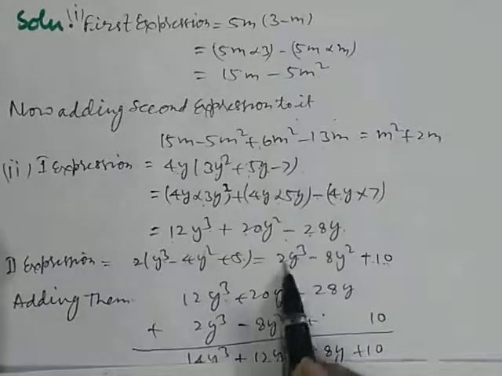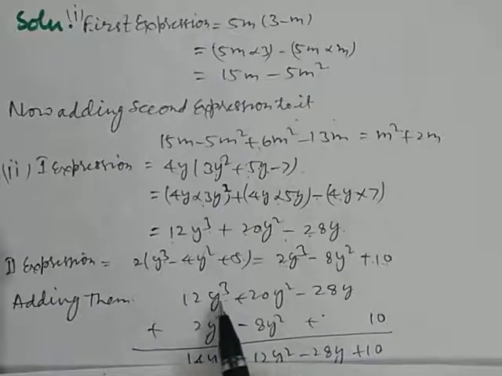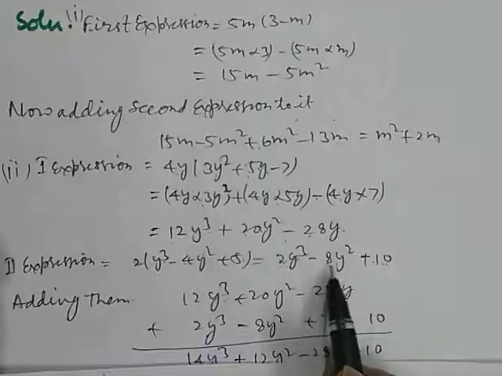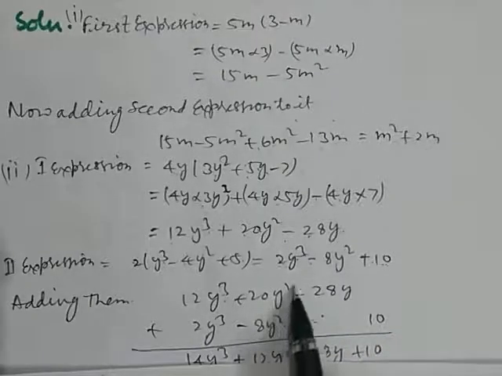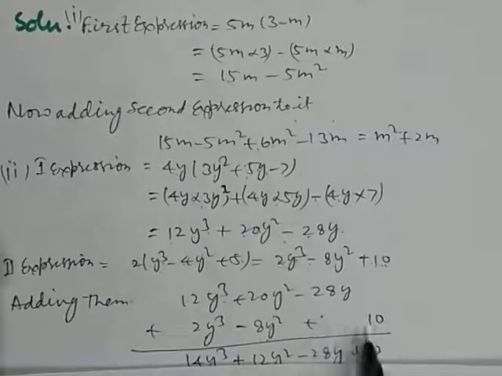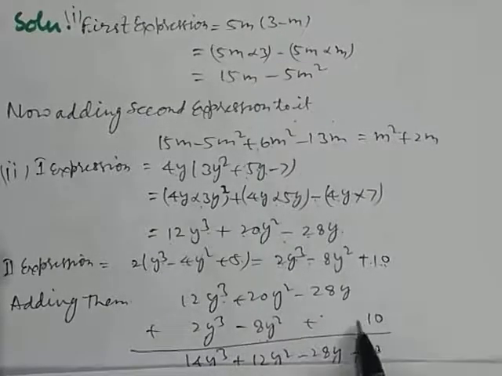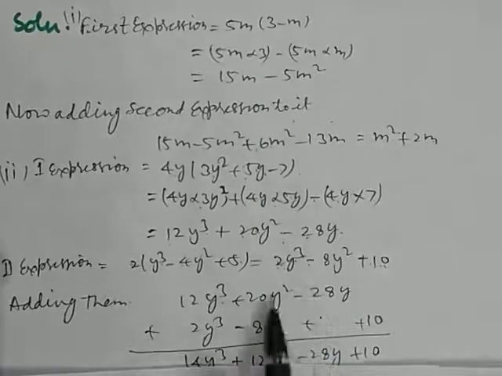So now 2y cube is put below the y cube, and this minus 8y square is below this y square, and then 10 goes here. So this way we add them.